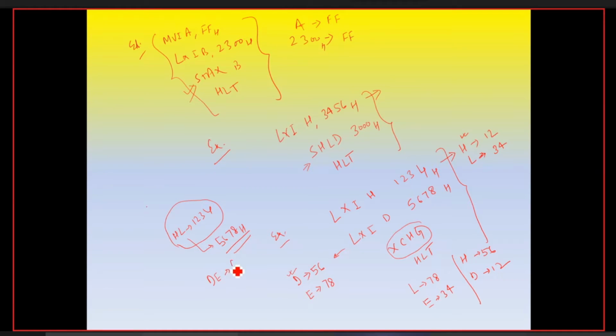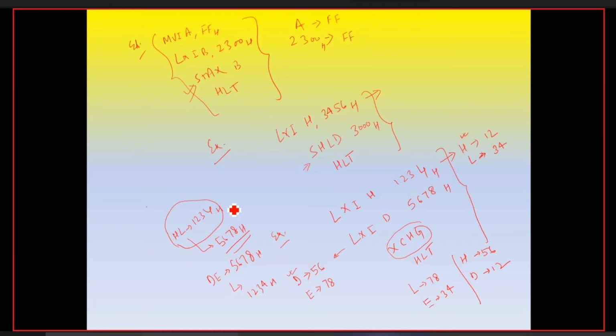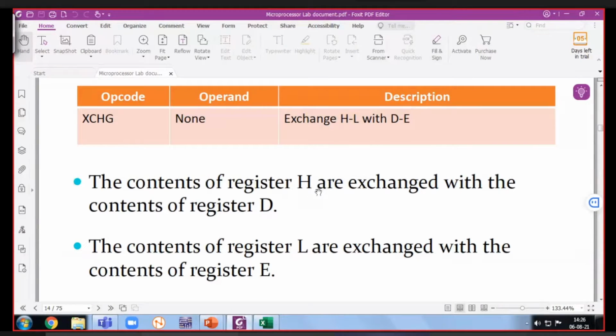Initially for DE we have 5678, but after execution of this instruction it becomes 1234. So this is the way how we can use and understand the functioning of exchange. Exchange means the content of register H is exchanged with the content of register D. This you have to remember.